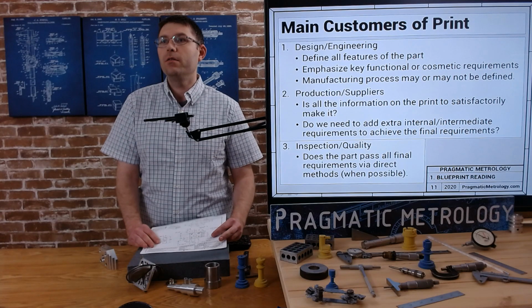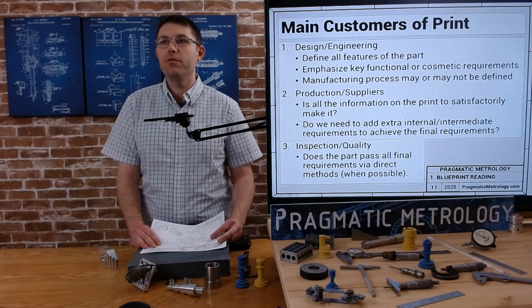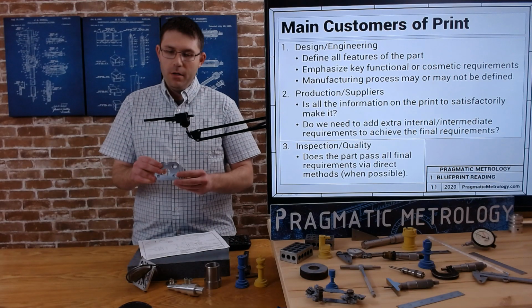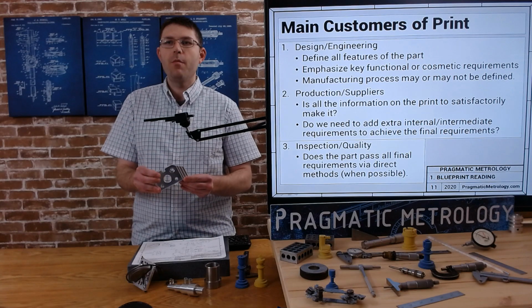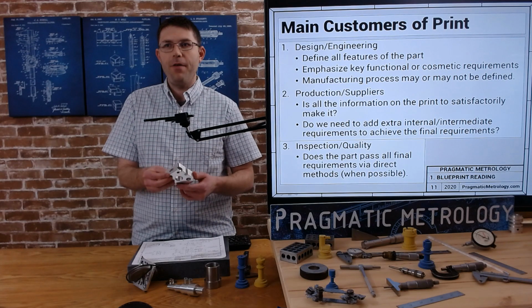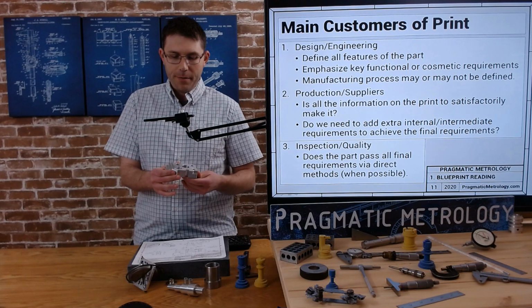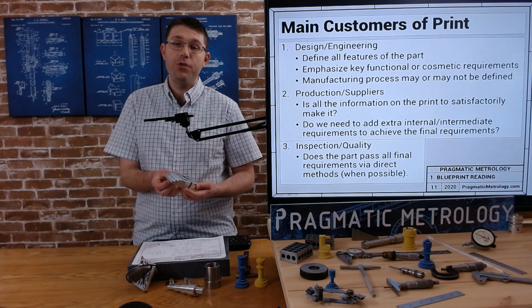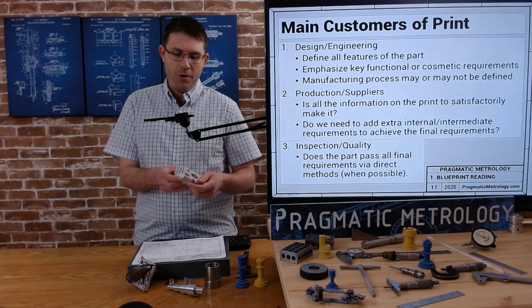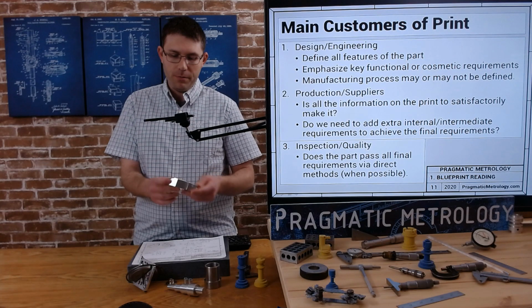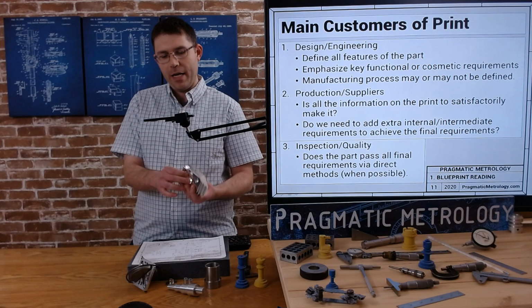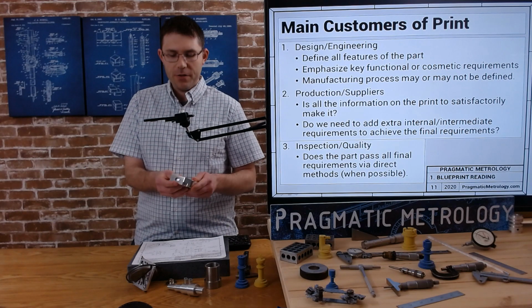Second of all, do we need extra internal or intermediate requirements to achieve the final requirements? So sometimes, like this part, certainly would require multiple operations in most manufacturing processes. Couldn't do all of it in one operation. The best you could probably do is 2. But I'm thinking this is at least a 3 or 4 operation, just because we have features on many sides.